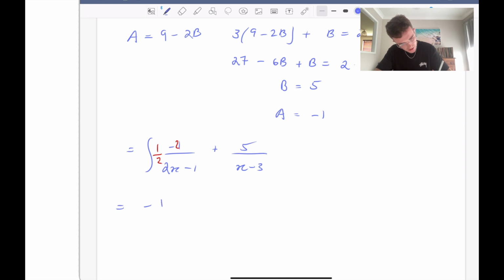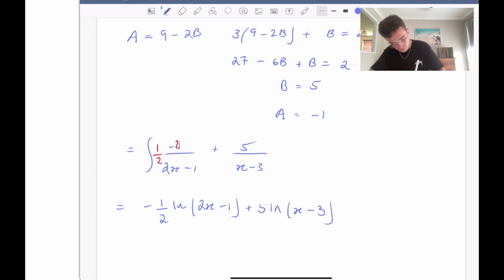So this is minus a half ln of 2x minus 1 plus 5 ln of x minus 3 plus c.